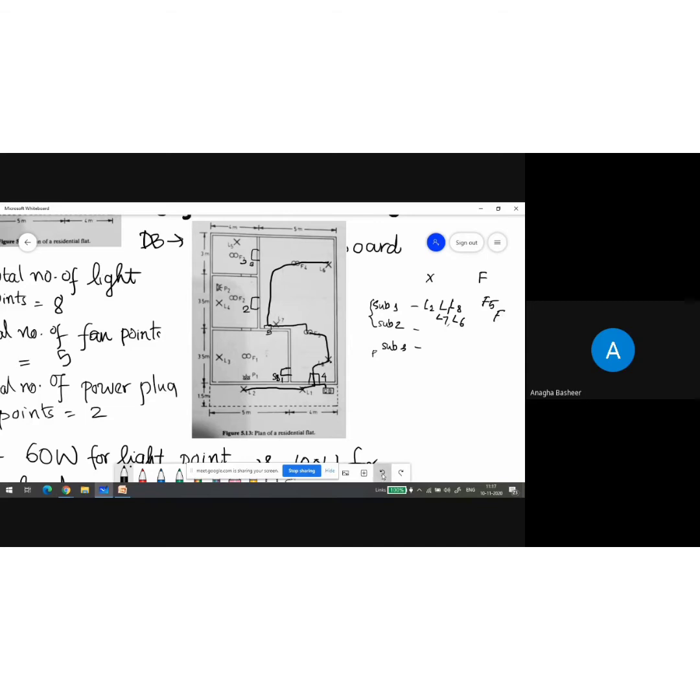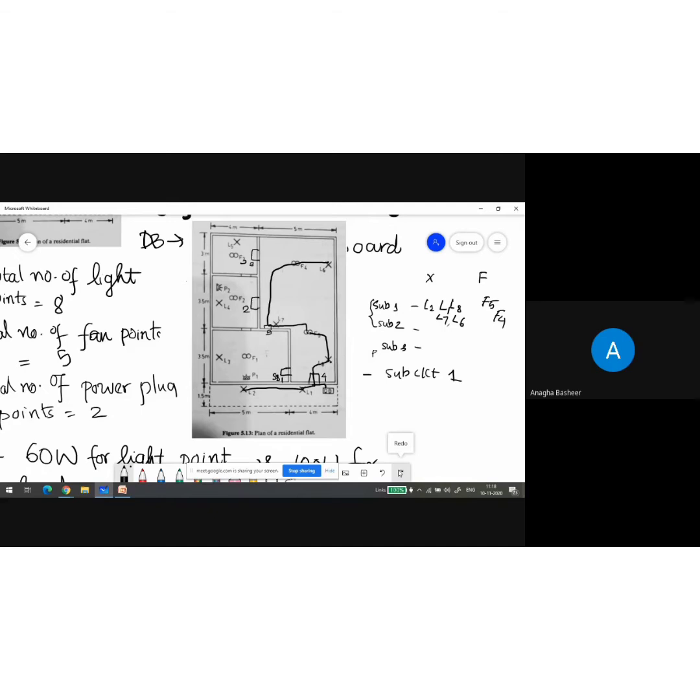I repeat once again. From DB you have to start. See L2 to L1, then to the switchboard, then to nearby light, fan, like that it is moving. So this shows the first subcircuit. This black color represents subcircuit 1.